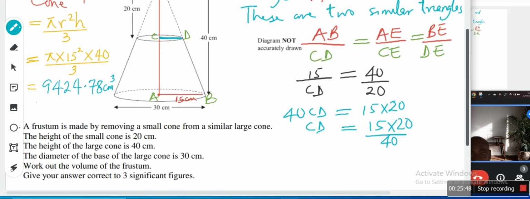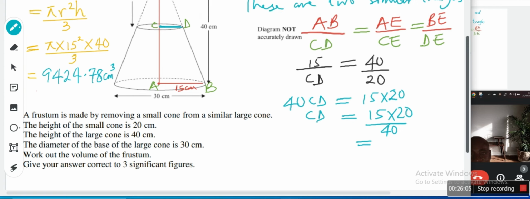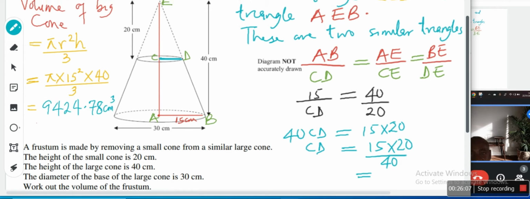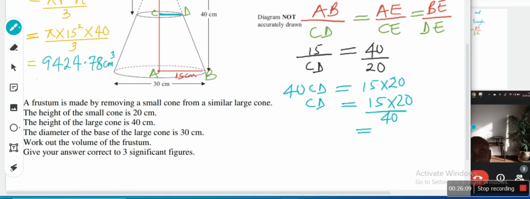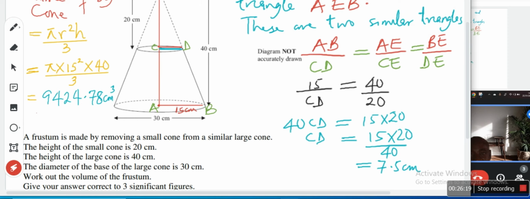So what does it give us? What do you have? 7.5. Please, can you speak up? 7.5 cm. So we found CD.